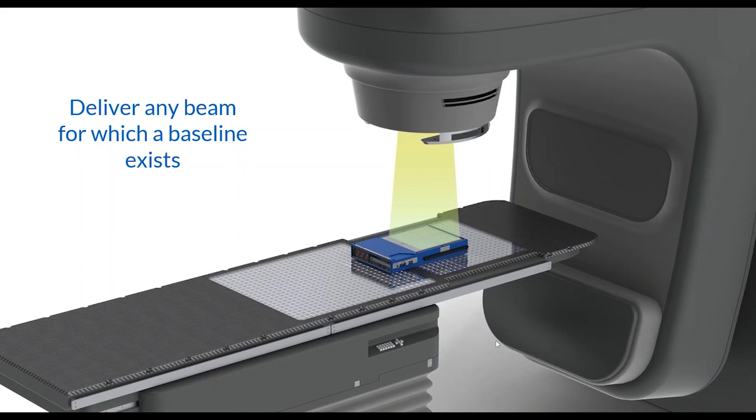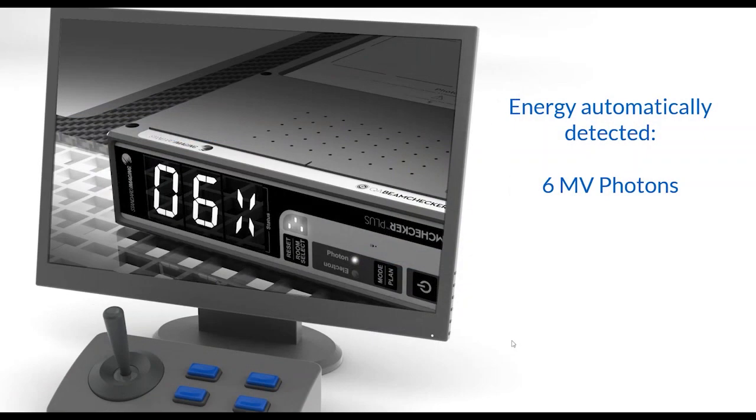So then you simply deliver any beam for which you have previously input a baseline that is stored on this device with your Linac for the morning. As the example here, it's detected that it's a 6x beam based on that energy score. Now it will go to its database of 6x that's stored on the unit of what the flatness, symmetry, and constancy should be at the time of my baselining, and do a comparison.